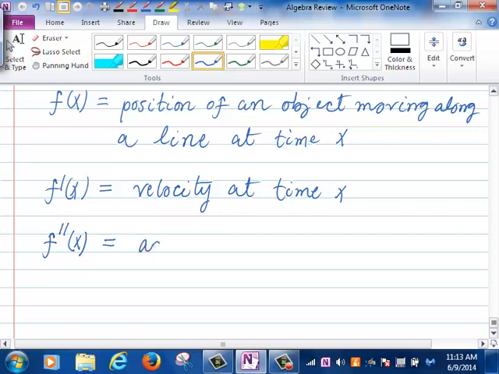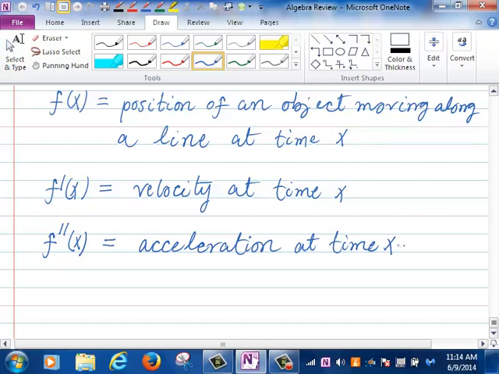Acceleration. And that is at time x. Is everybody okay?